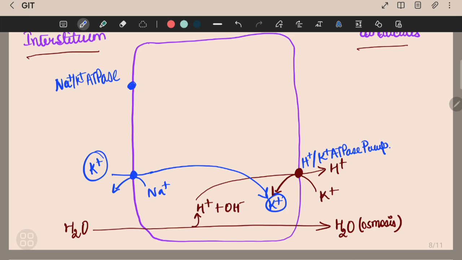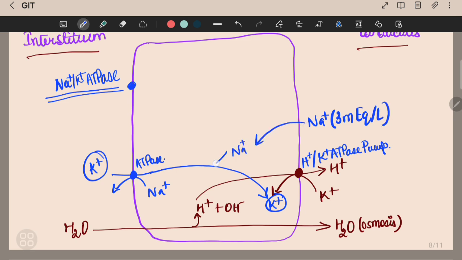Here there is the presence of this pump, the sodium potassium ATPase pump, so this is requiring ATP. The sodium, which has a higher concentration over here, is moving out, and potassium in exchange, in the presence of the ATPase pump, is entering the cell. Potassium has a tendency to move out of the cell also, and again potassium is recycled back using the hydrogen potassium ATPase pump. This must be very much clear to you.